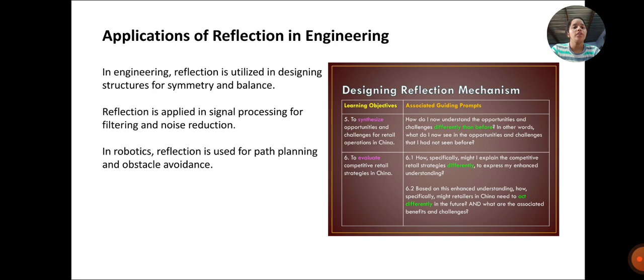To evaluate competitive retail strategies in China. How specifically might I explain the competitive retail strategies differently to express my enhanced understanding? Based on this enhanced understanding, how specifically might retailers in China need to act differently in the future, and what are the associated benefits and challenges?